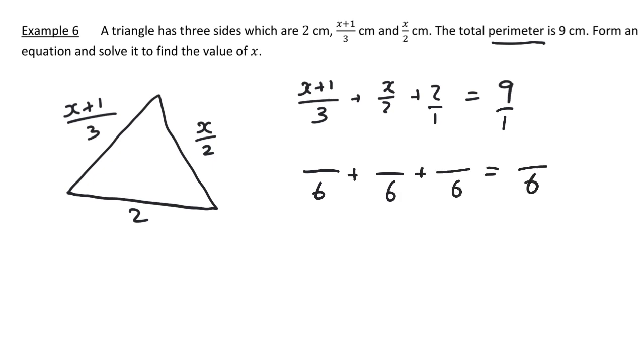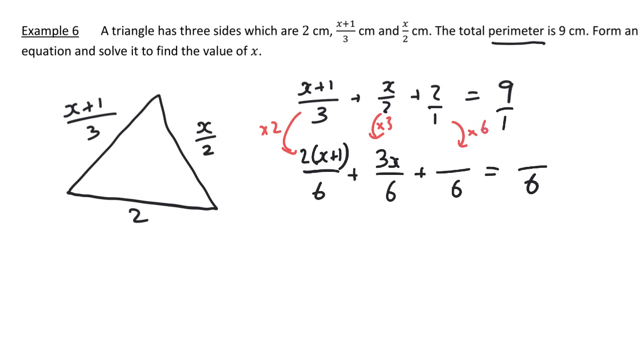So x plus 1 over 3, to get from 3 to 6 we multiply by 2. So we'll multiply x plus 1 by 2, and the way we do that is write it as 2 upon x plus 1. To get from 2 to 6, sorry, we'll multiply by 3. So x multiplied by 3 is 3x. To get from 1 to 6, we multiply by 6, and that's going to be the same for the 2 and the 9.